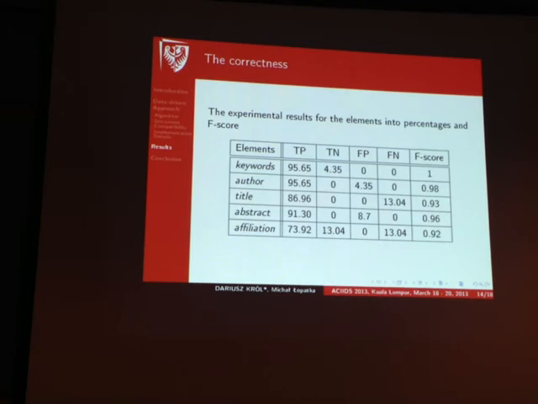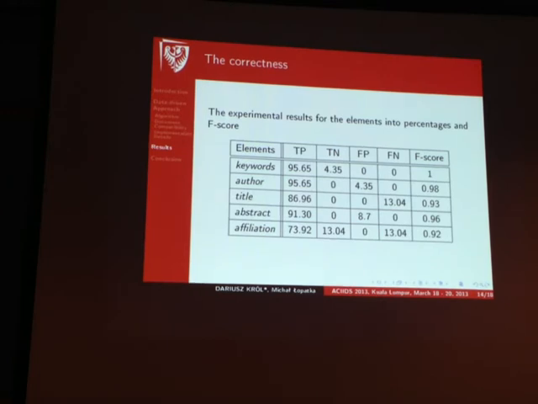We see that the best F-score is for keywords. So really the keywords from the paper are at 1. So we can use for sure keywords as a main attribute for the paper.